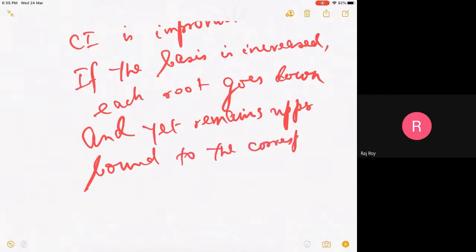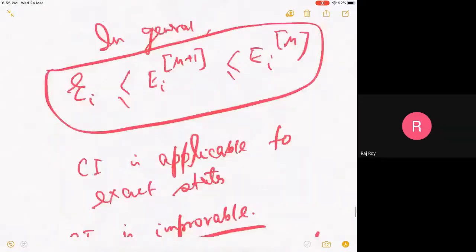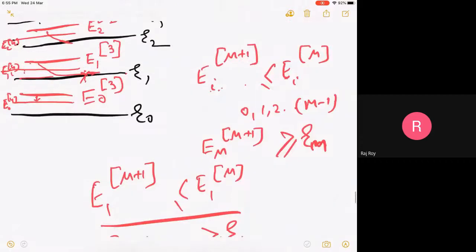I hope you understand. And if that is so, it means it is an improvable bound. Not only it is a bound, but as I'm adding more and more, it is improving. Look at E03. The difference was this much with epsilon 0. Look at E04. The difference has gone down. So it has improved.